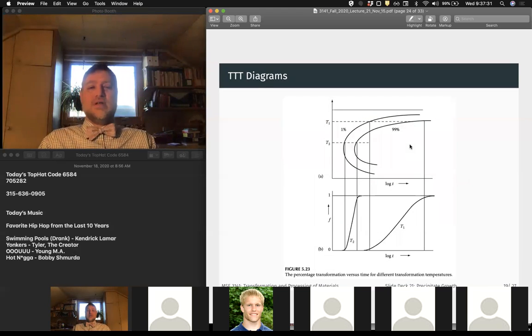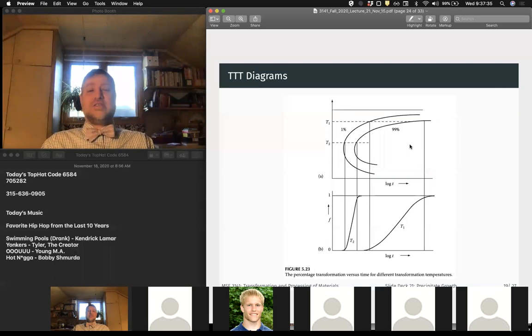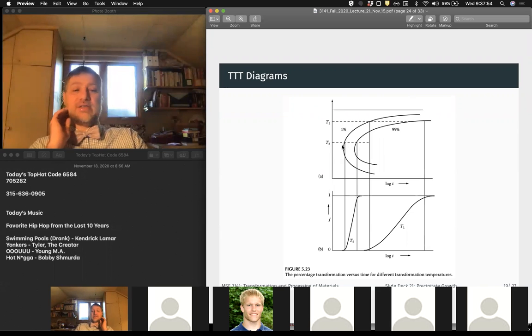start from something that should be familiar to you, which is TTT diagrams, or time temperature transformation. And what this gives is, at various temperatures, the information of how long the transformation takes to occur to completeness, right?